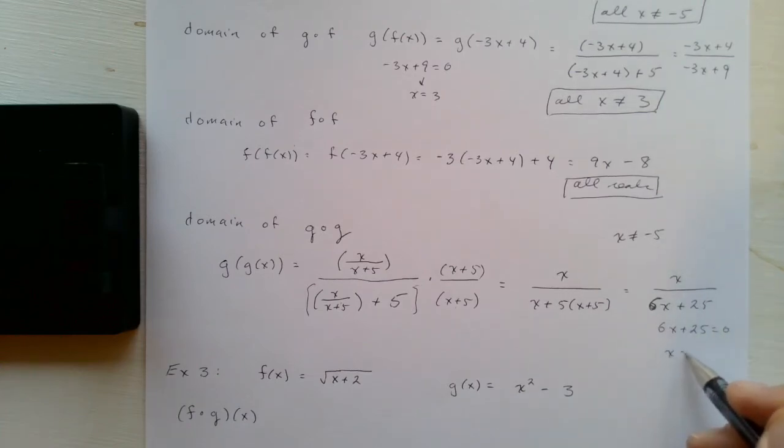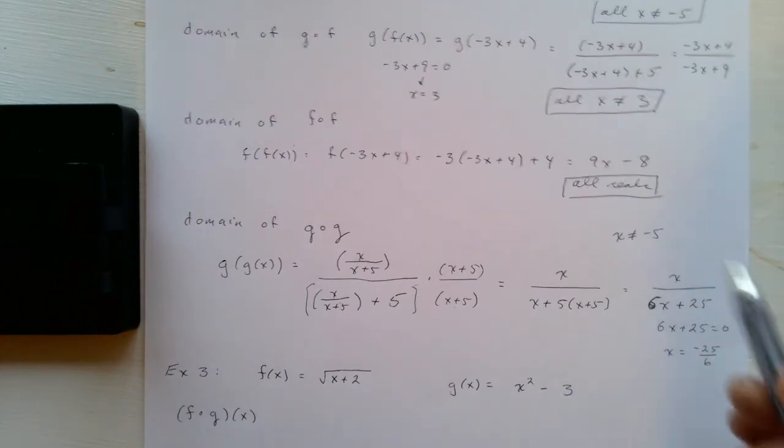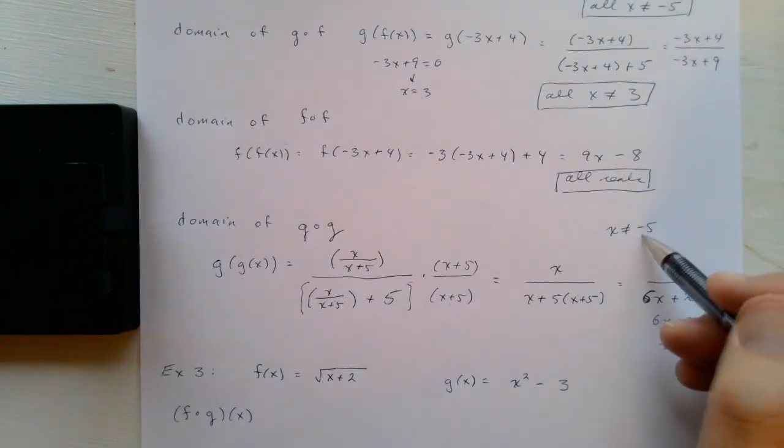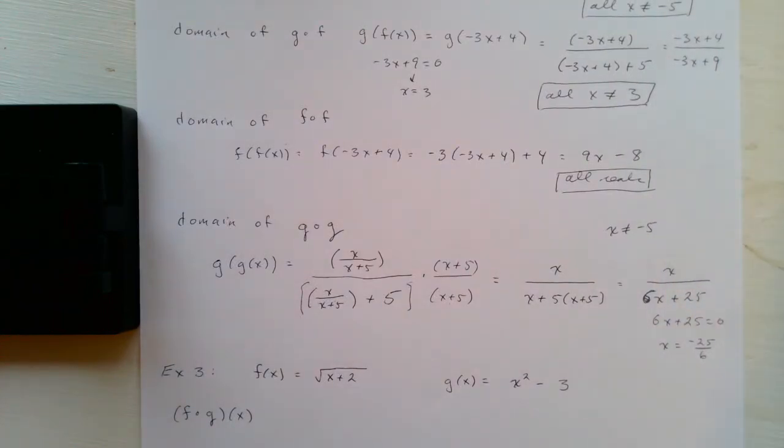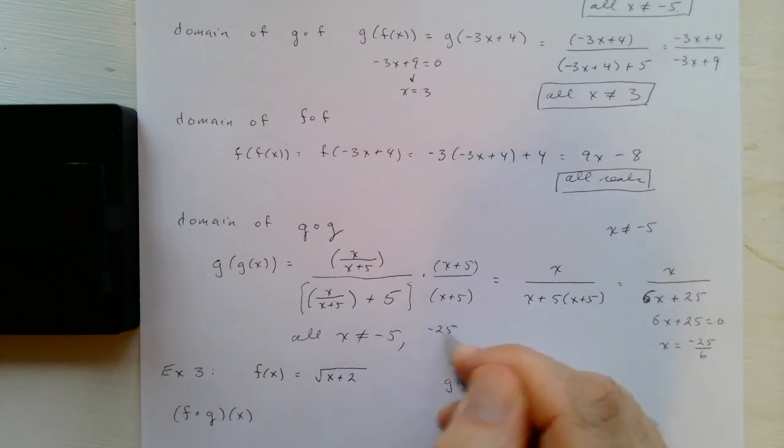We will get x is negative 25/6. So that's another number that's going to cause us problems. And so we have these two numbers here, negative 5 and negative 25 over 6. So in this case, the domain will be all x not equal to negative 5 or negative 25/6.